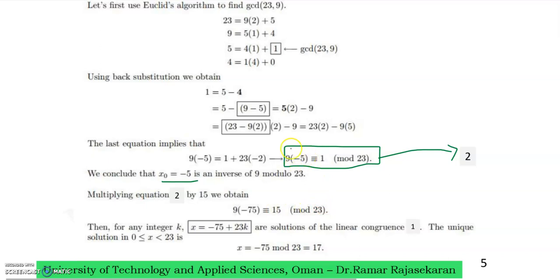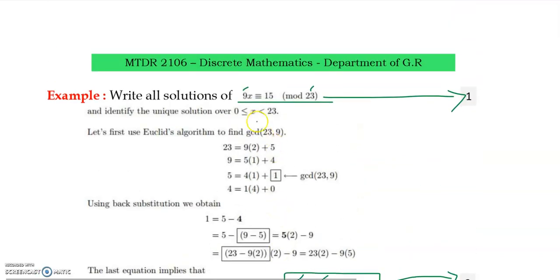I multiply 15 here and here. So now 9 times minus 75 congruent 15 modulo 23. This is equal to the given linear congruence.